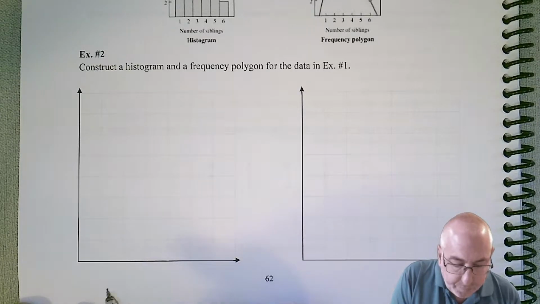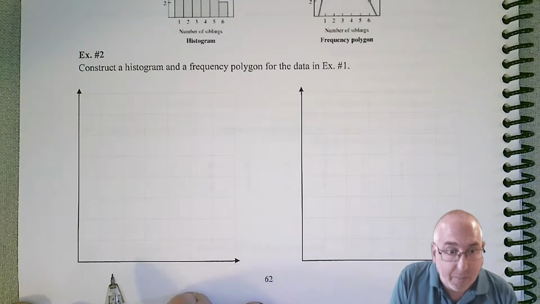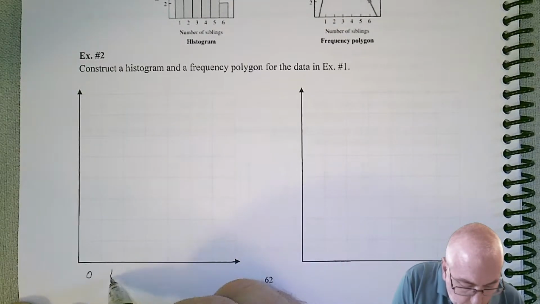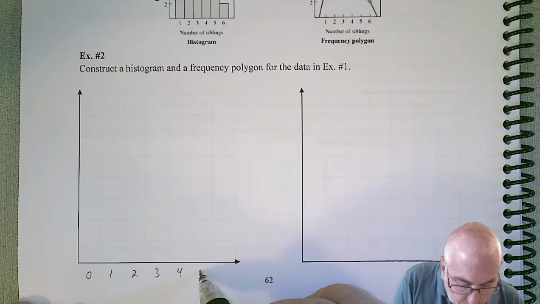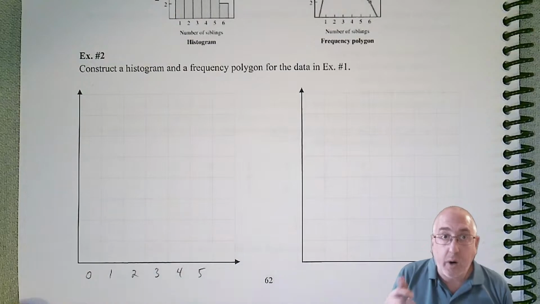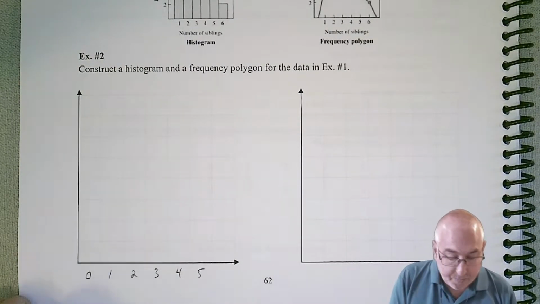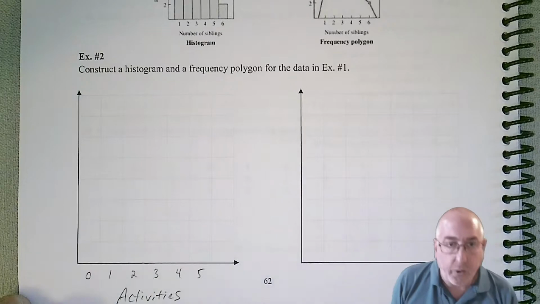The big thing to remember is that with a histogram, we like to have the spaces labeled. So we had a 0, a 1, a 2, a 3, a 4, and a 5. Those were our individual data values. Now we should label this. I think these were just summer activities, so we'll just call it activities for short.